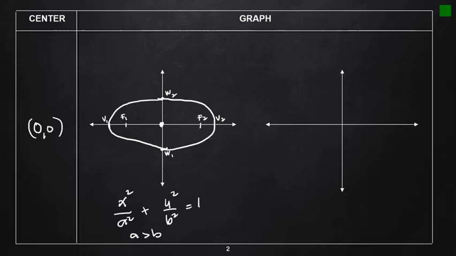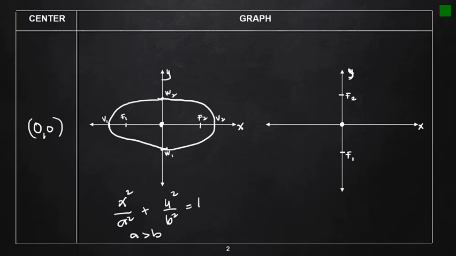Now, let me show you the graph of an ellipse where the foci align with the center vertically. It's not looking like this anymore. Let this be our x and our y. In this second graph, the center is still at the origin, but the foci are aligned vertically. So this would be our F sub 1, and this is our F sub 2.